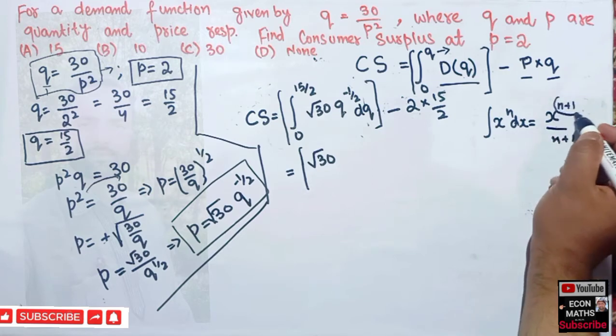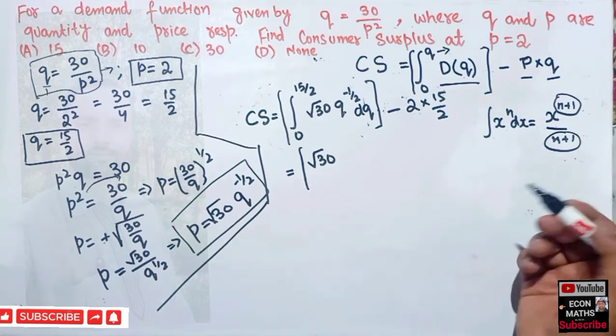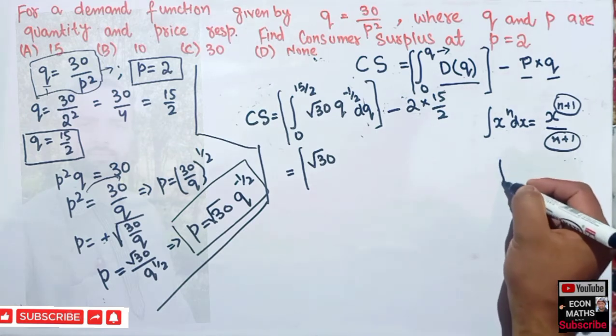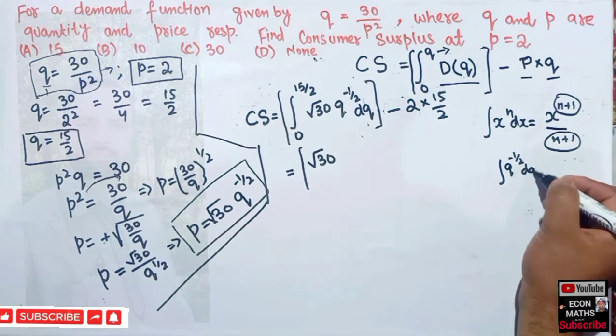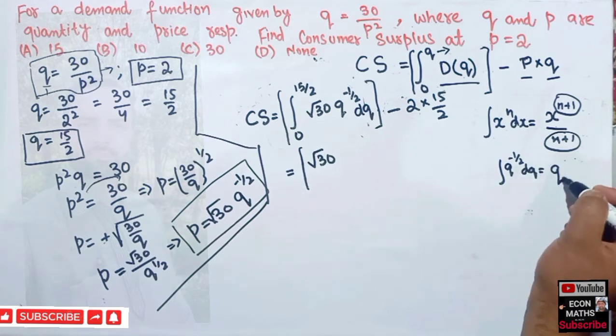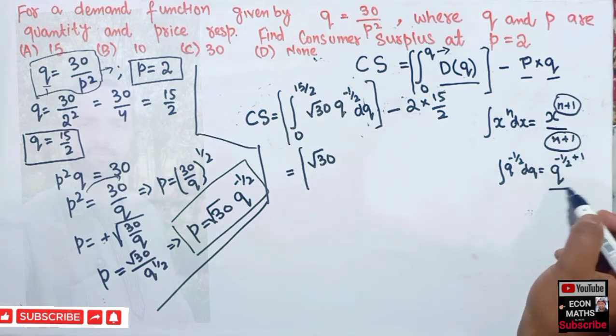Similarly, the integral of Q to the power minus 1 by 2 dQ is Q to the power minus 1 by 2 plus 1, divided by the resulting exponent, minus 1 by 2 plus 1.